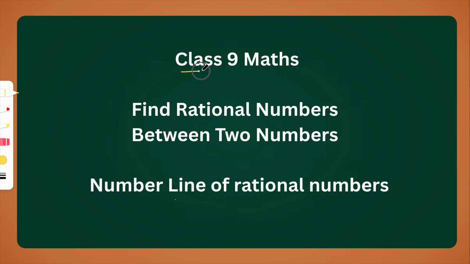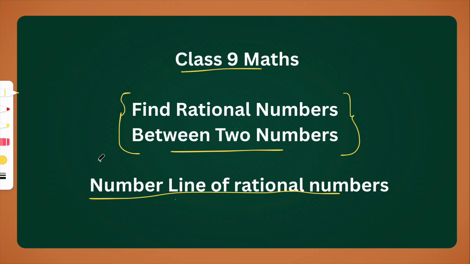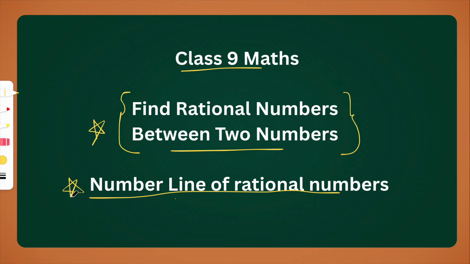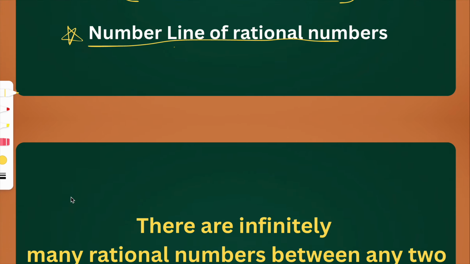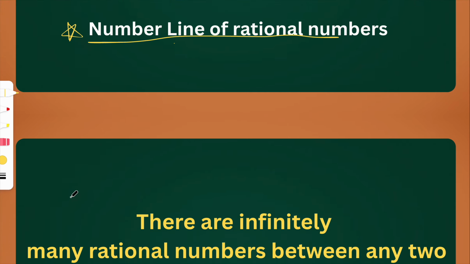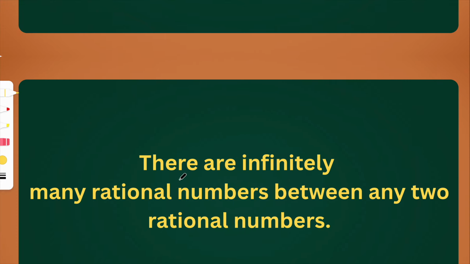So, class 9 maths: finding rational numbers between two numbers, and the number line of rational numbers. These are the two topics that we are going to study today. So let's start. As we know, there are infinitely many rational numbers between any two rational numbers.